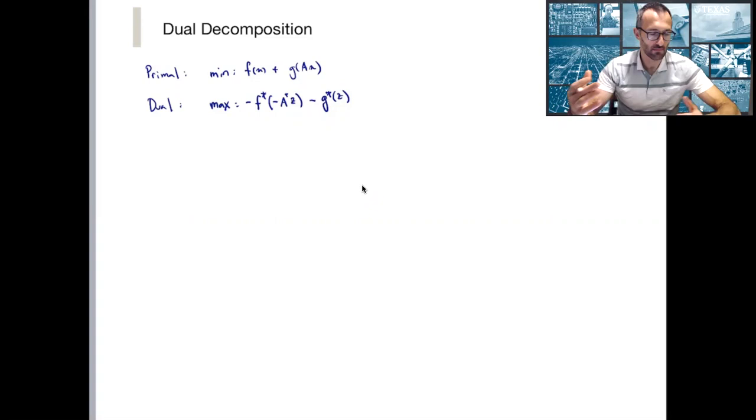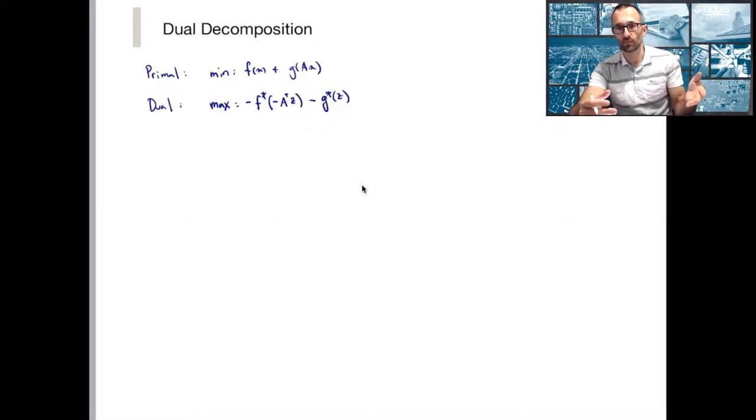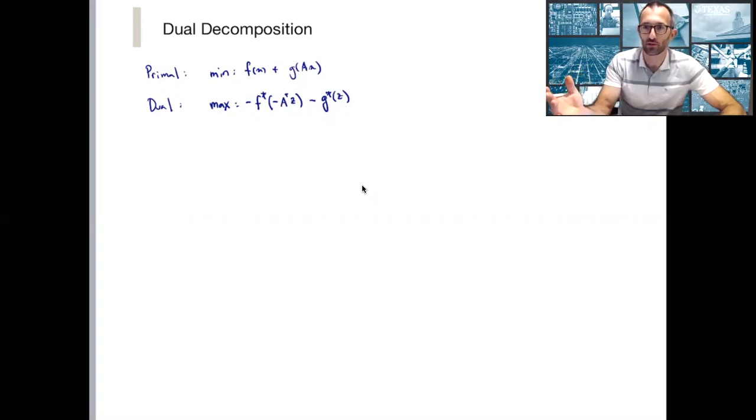So what we want to know is, why would it be in our benefit to work on an algorithm in the dual as opposed to the primal? This is of course not going to be generically true, we know that the dual of the dual is the primal, so the dual is not something just magical.